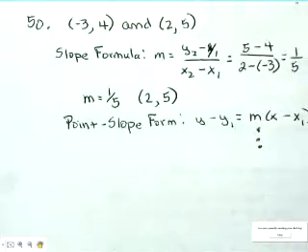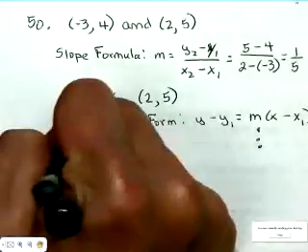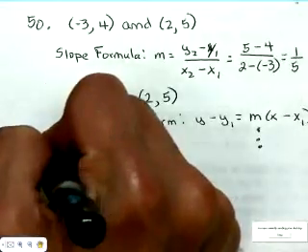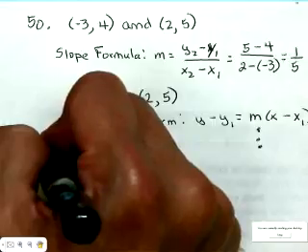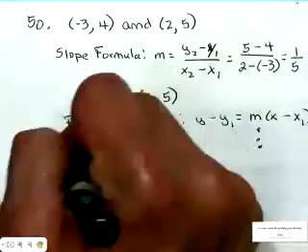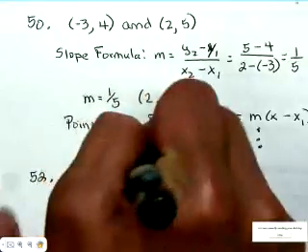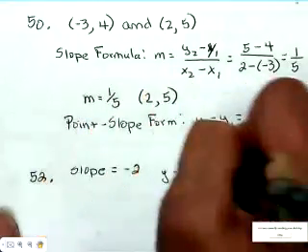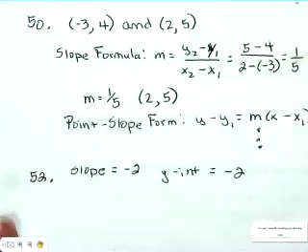What about 52? I'm given some other information. I'm given slope equals -2 and the y-intercept is -2. If you give me the slope and the y-intercept, what form of an equation would be fastest to use? Slope-intercept form. That's why it's named slope-intercept form.